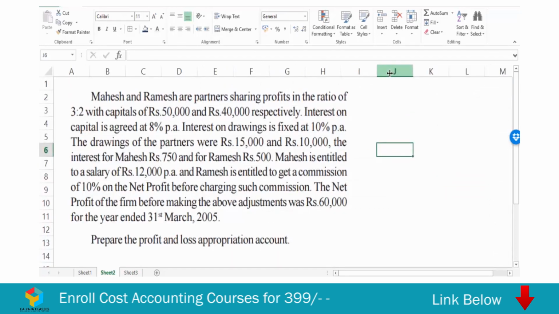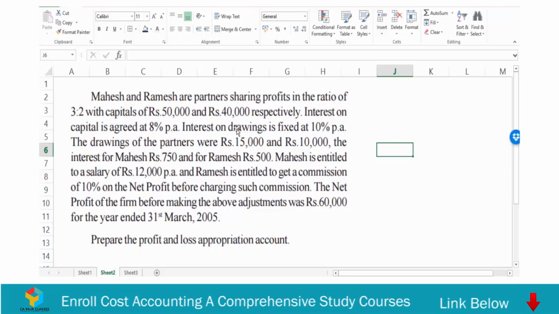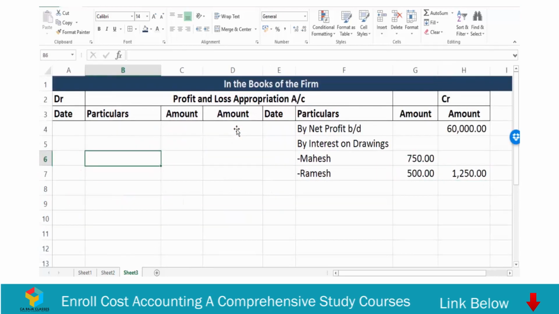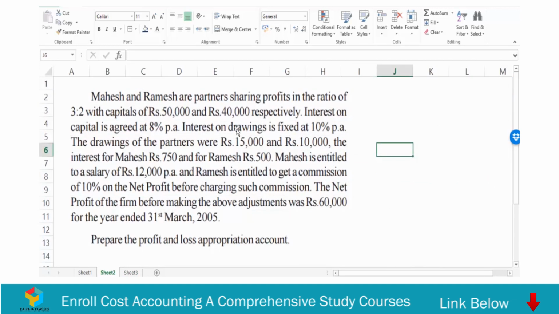Now we'll see the items that will appear on the debit side. We have interest on capital, which is agreed at 8%. This should be calculated on the capital, which is 50,000 and 40,000. So we'll provide for that on the debit side, and we should capture the date. I think we have missed out the dates. The net profit of the firm before making the above adjustment for the year ended 31st March 2005 is 60,000.